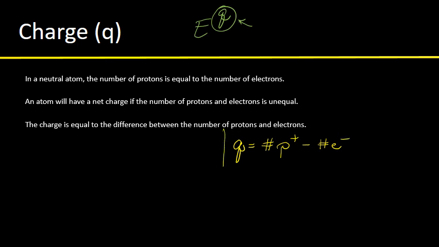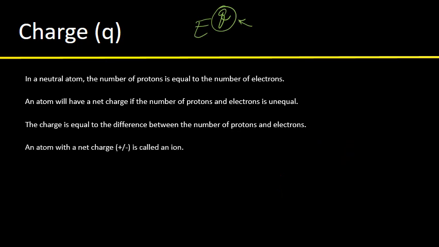Right? And so you can see from that, if you have more protons than electrons, you're going to get a positive number, and that means you've got a positive charge. If you've got more electrons than protons, then you're going to be subtracting a larger number from a smaller number, and so the net result is going to be negative. That means that species would have a negative charge. And an atom which has either lost or gained some of its electrons to acquire a charge is called an ion.